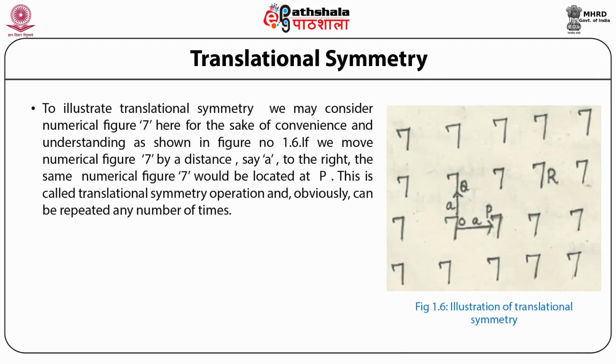To illustrate translational symmetry, we may consider numerical figure 7 here for the sake of convenience and understanding, as shown in figure 1.6. If we move numerical figure 7 by a distance, say A, to the right, the same numerical figure 7 would be located at point P. This is called translational symmetry operation and obviously can be repeated any number of times.